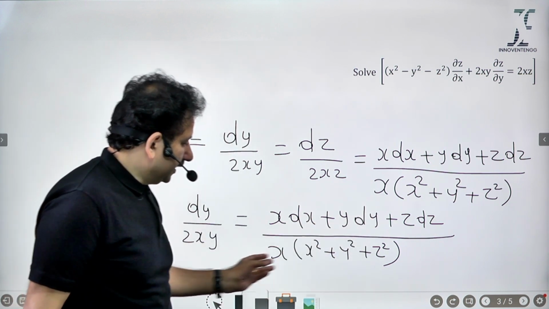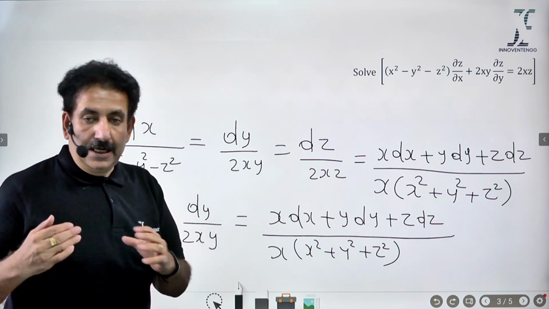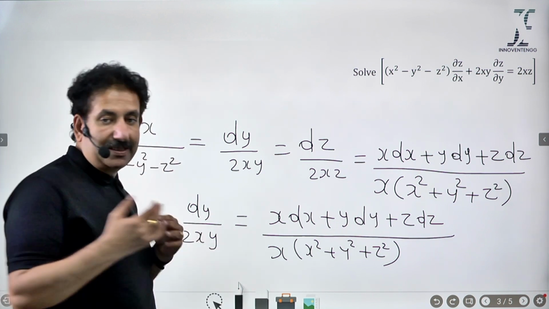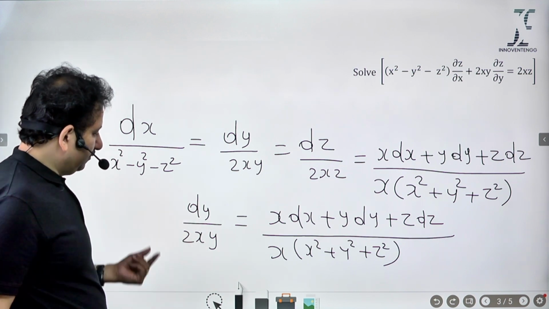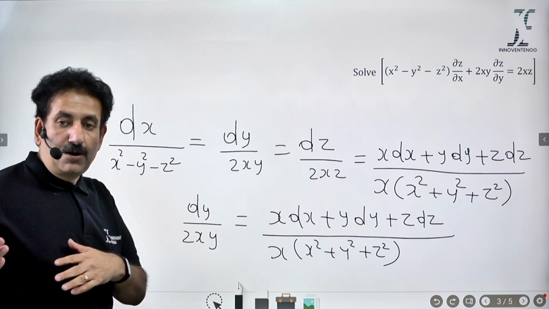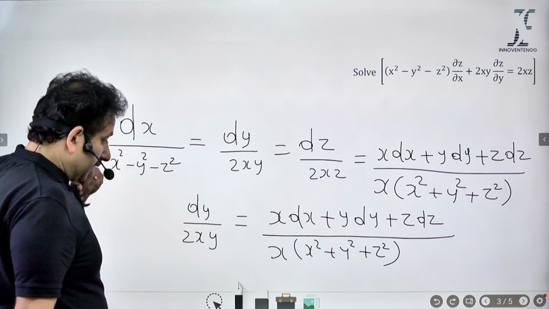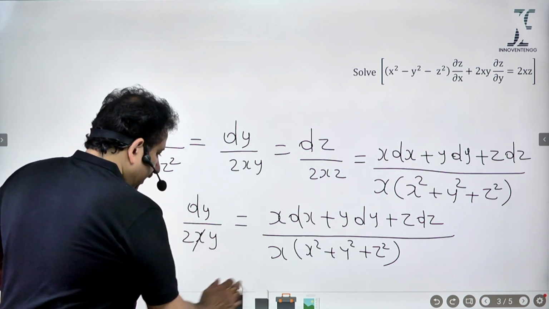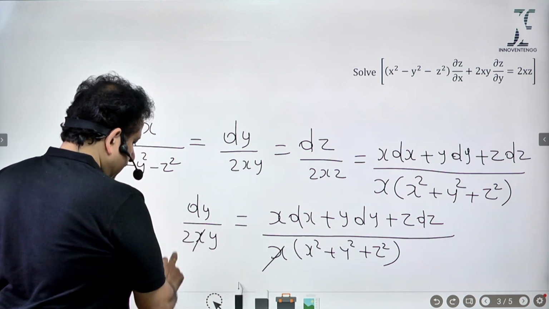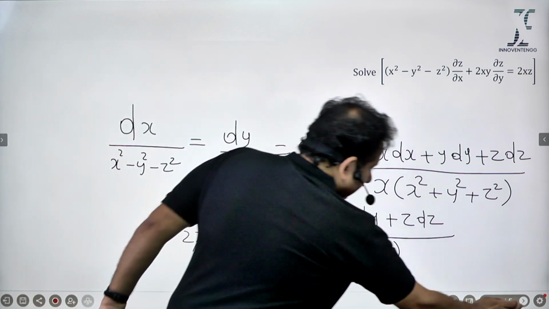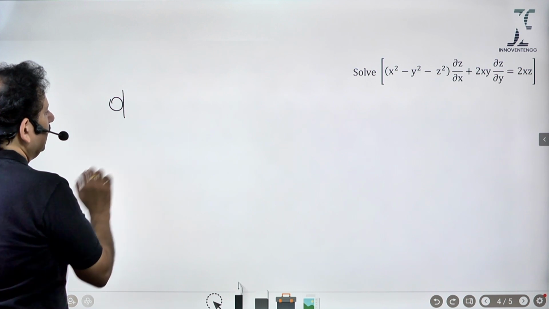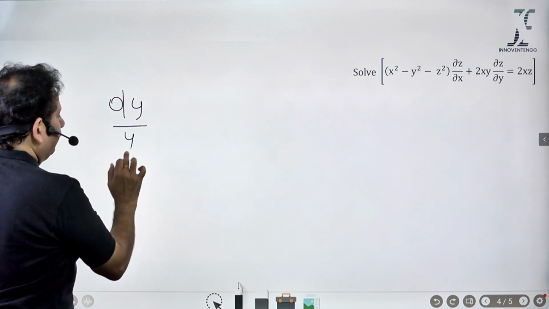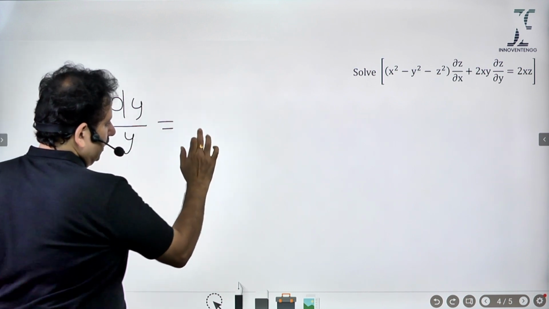That means it is simply going to be, when you integrate, log of x square plus y square plus z square. And here also you get dy by y. That means if you integrate, it is log y. So therefore it becomes very, very useful. I'll cancel this and then bring this 2 to this side. So by generating that extra ratio, I have the advantage of generating one more relationship.